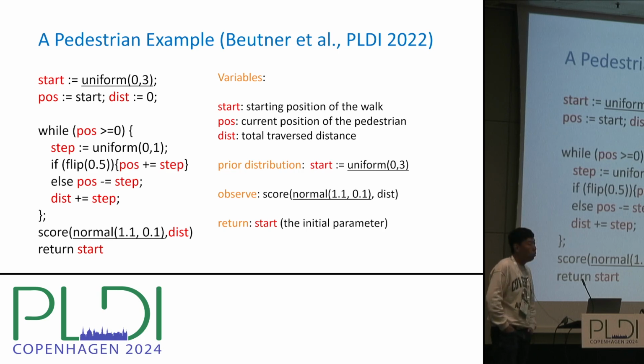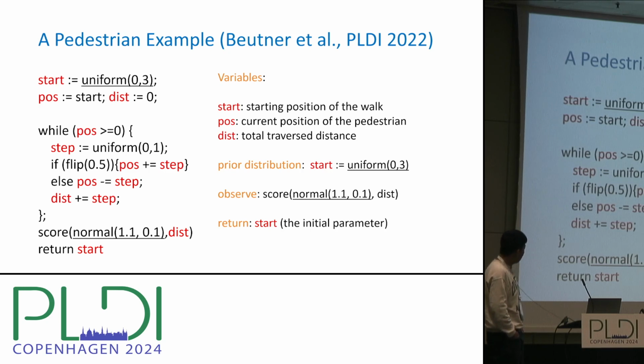Until pos is smaller than 0, which means until the pedestrian arrives at the origin, he repeatedly makes a movement, either forward or backward with probability 1/2 each, and along the direction the travel distance is also stochastic, uniformly sampled from 0 to 1. This loop terminates with probability 1 because it is a symmetric random walk.